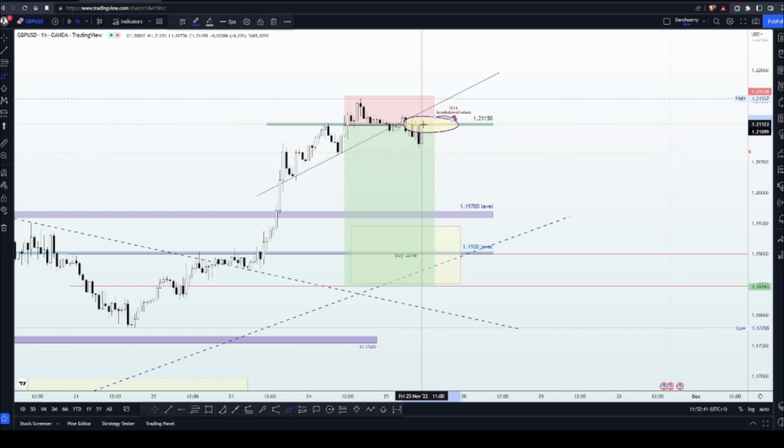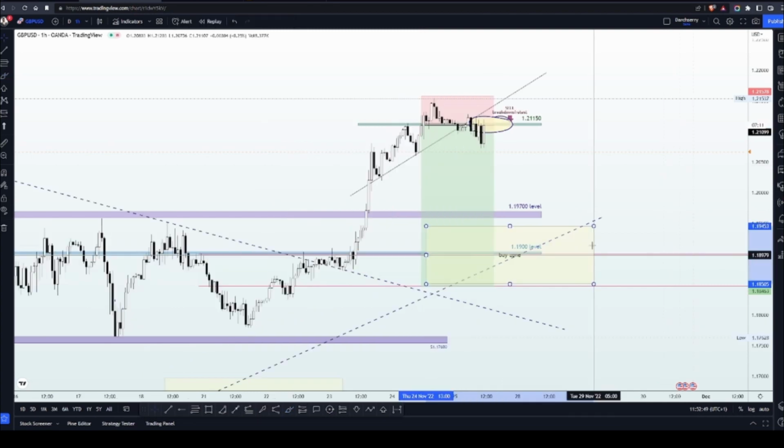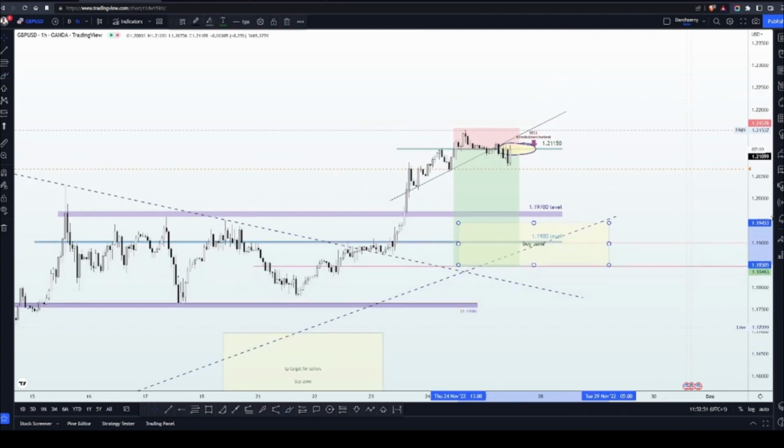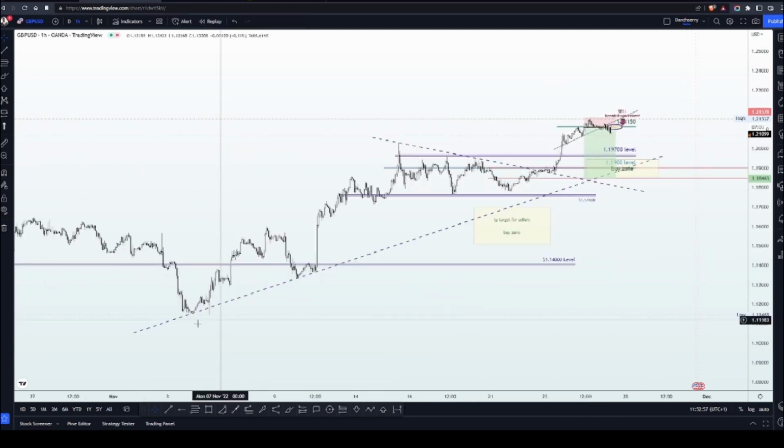So to sell here, we are looking to sell right below the 1.21150, and I'm having my buy zone, my take profit target, around the buy zone area here, which also lines up with the bullish trend line that has been holding bullish momentum since the beginning of the month.